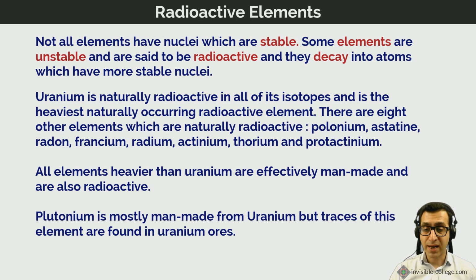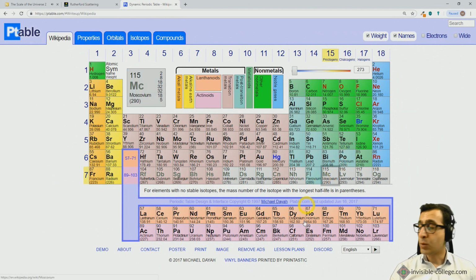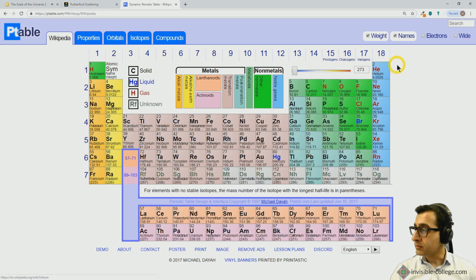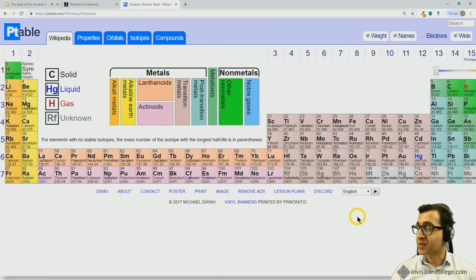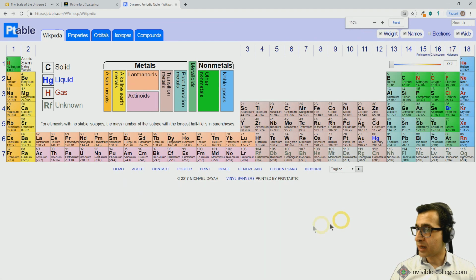So if we glance back at our periodic table, we can see all elements heavier than uranium. And so we can see here, again, this form of the periodic table is a kind of abbreviated form. The actual form the periodic table takes looks a bit more like this. Let me just zoom out a little bit so you can see the whole thing.